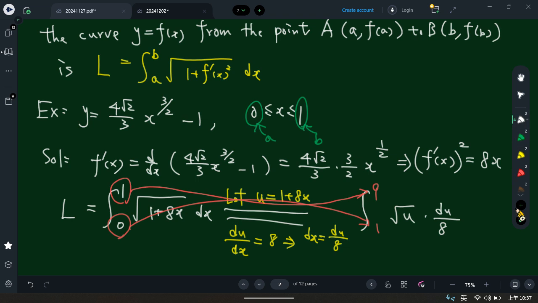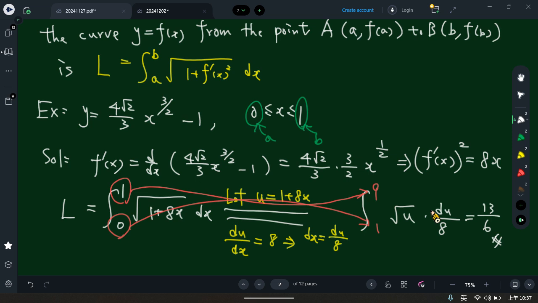Maybe I'll skip the final part, but with this form, the calculation becomes simpler.